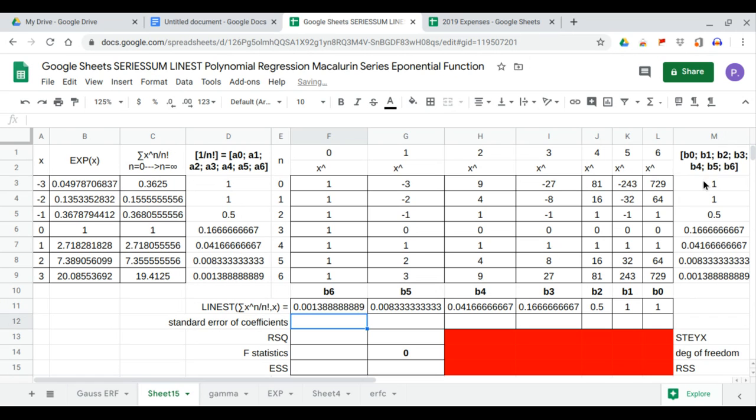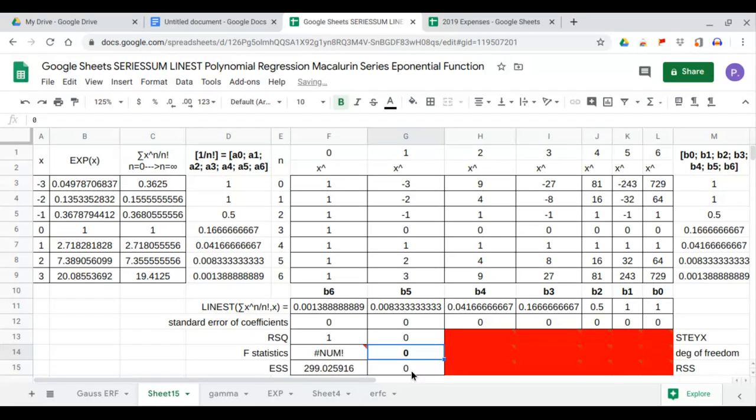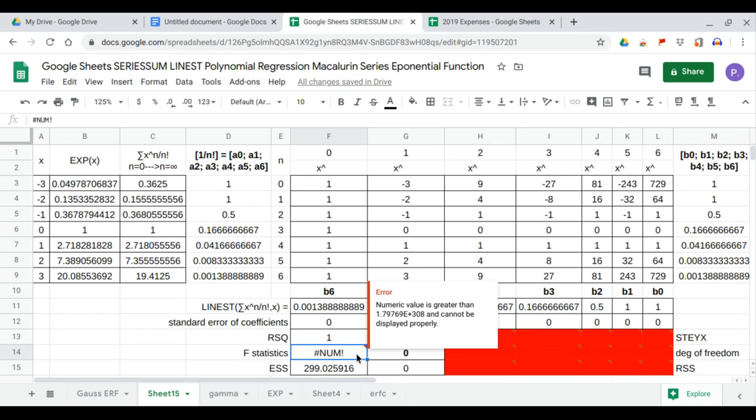So our coefficient of regression matches our coefficient of expansion. And we'll show the full statistics of this LINEST. You will notice the F statistic is infinity, so it cannot be shown here.